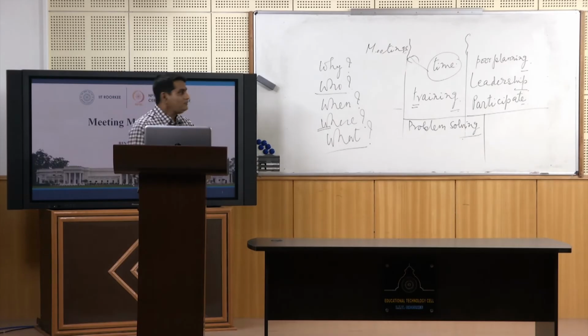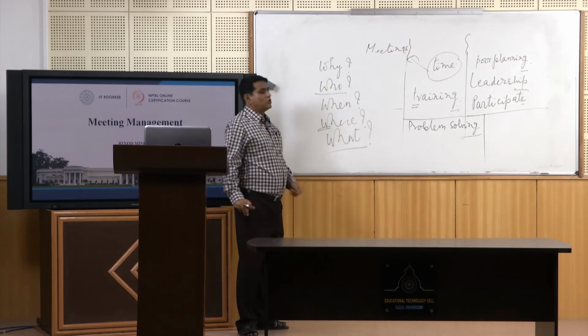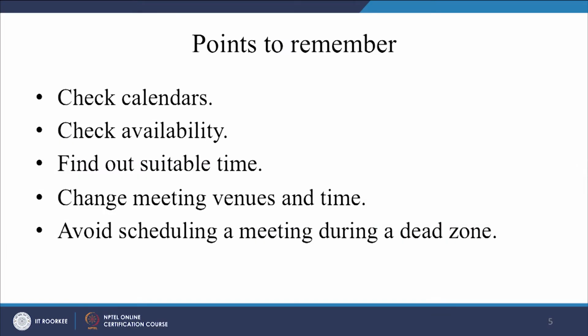Now, when you are going to decide about all these WH questions, the first is check calendars. Now, what will be the suitable date? Usually a date which can have the convenience of the members who can be part of the meeting, that will be the most suitable date.